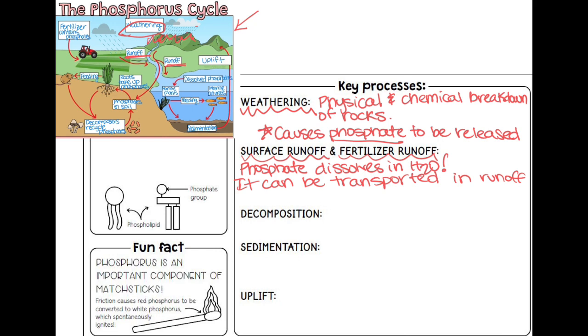All right, now fertilizers from agricultural areas can be spread on crops and contain phosphates.